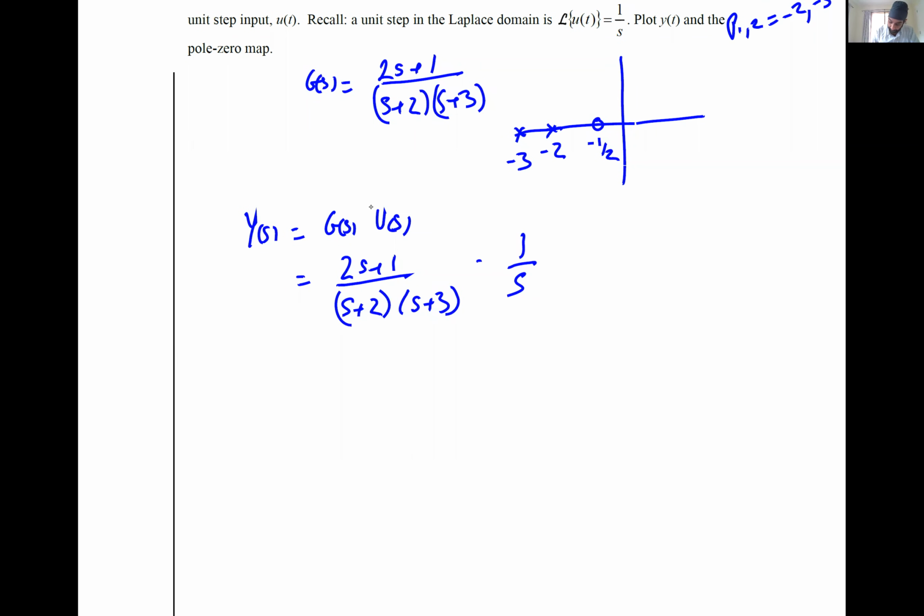So we can expand this as a partial fraction expansion, which gives three terms: k1 divided by s, plus k2 divided by s plus 2, plus k3 divided by s plus 3.